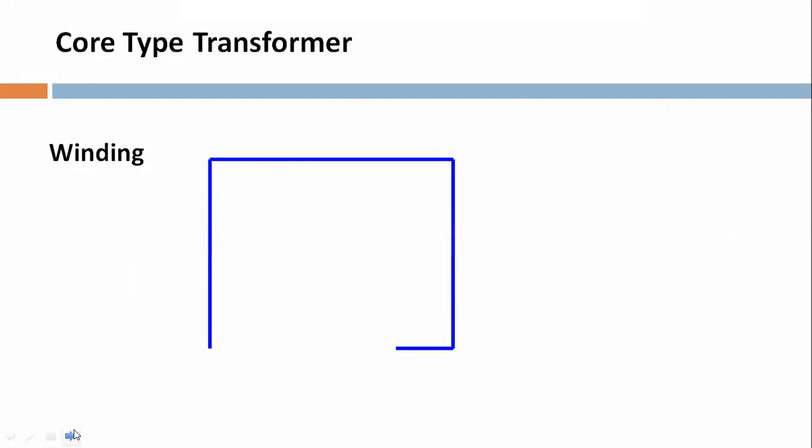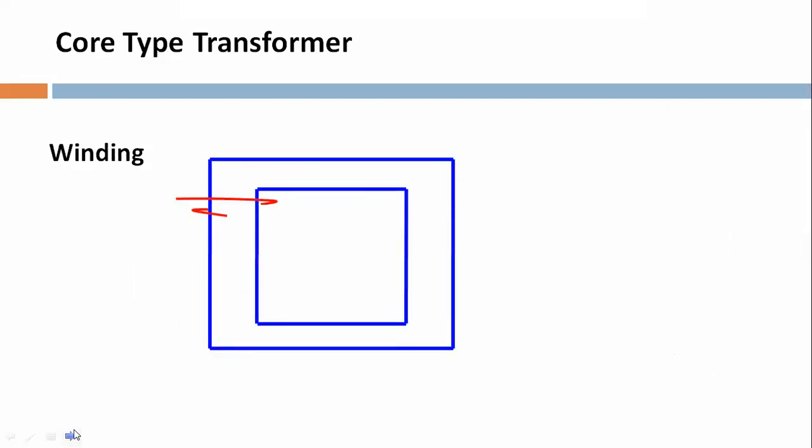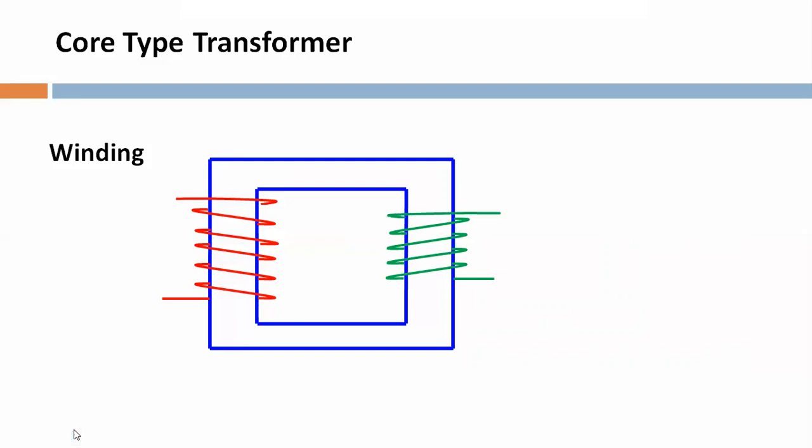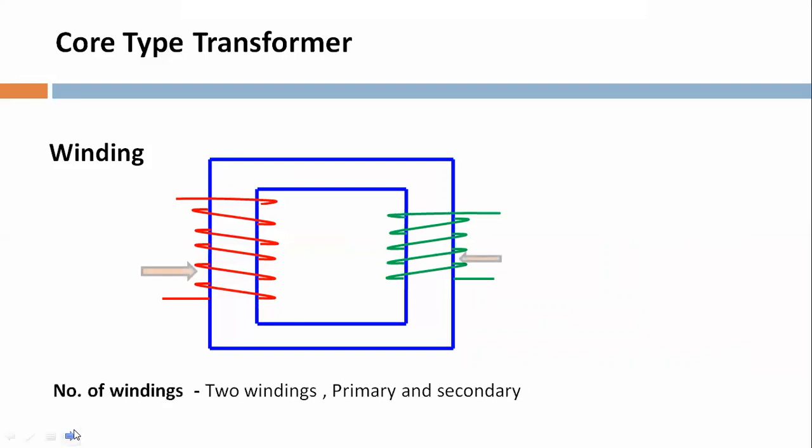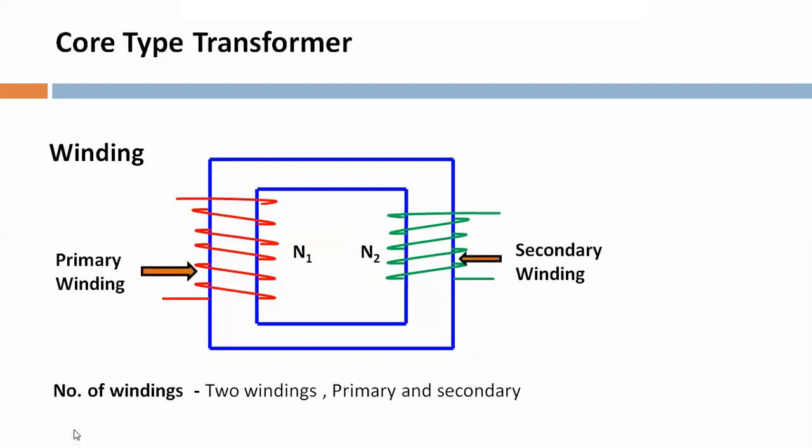Winding: this is a core and this is a winding. Number of windings: 2 windings are there, primary and secondary. On the left-hand side is the primary winding, which we take as the supply, and on the other side is the secondary winding.